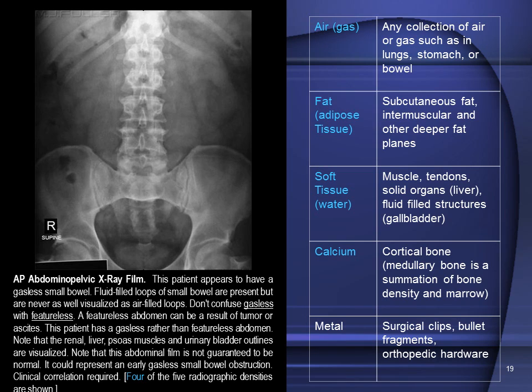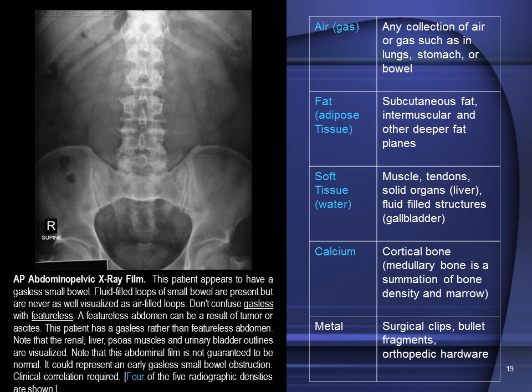Fat and adipose tissue we see in the lumbar regions here, and we see it superimposed on part of the gut tube. Other soft tissues are such as muscle, tendon, and solid organs. This is the liver up underneath the right thoracic cage. Here is the spleen and part of the stomach.